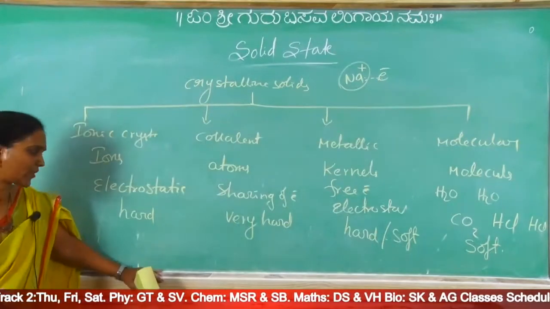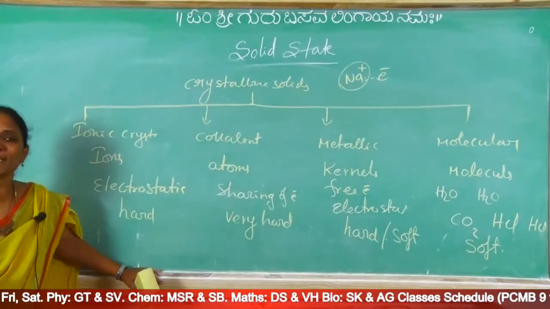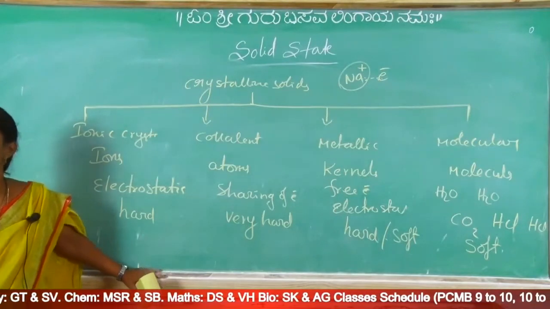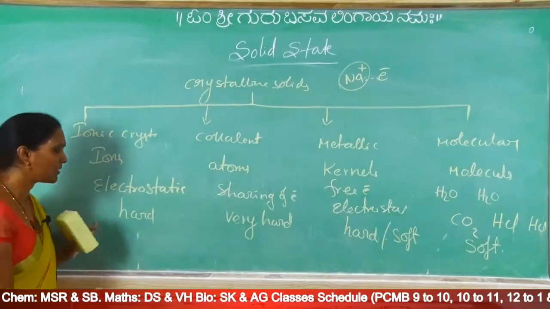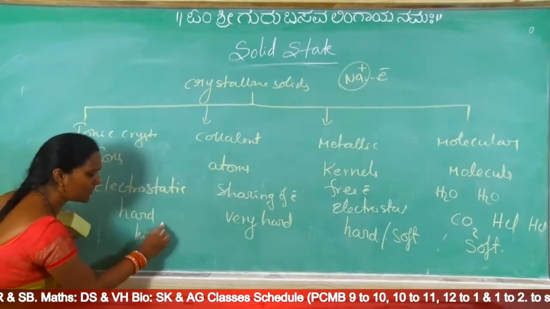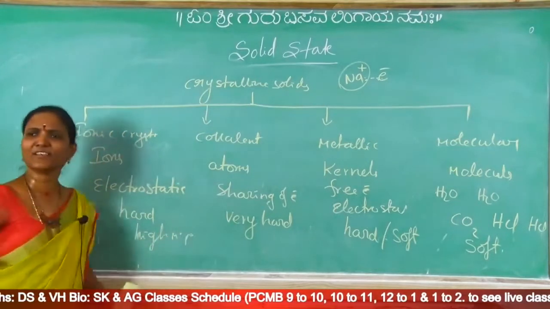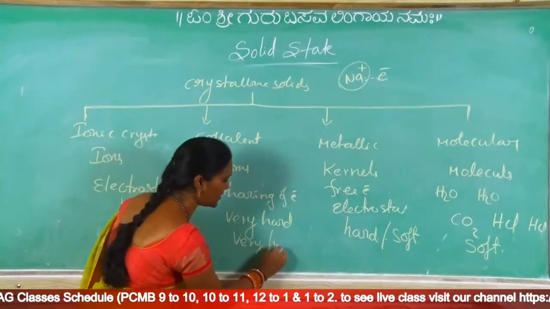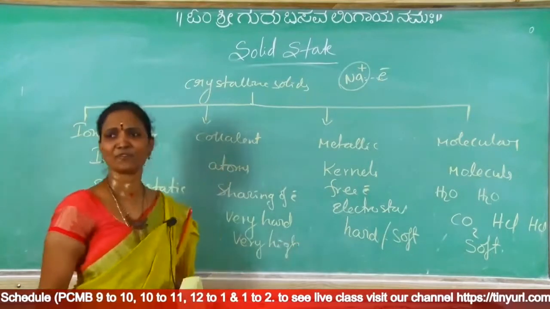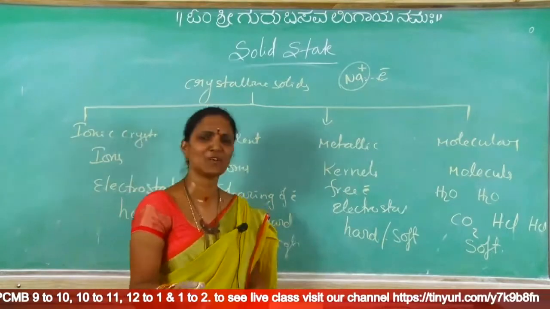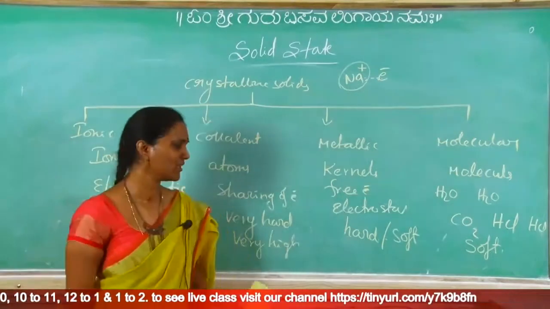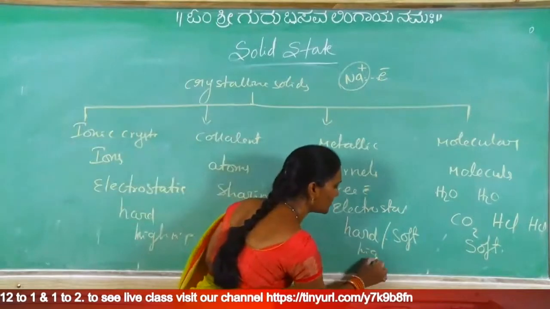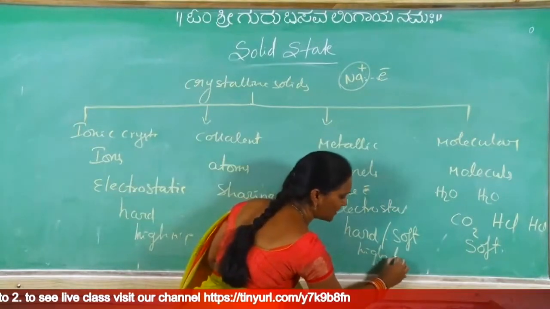Based on this strength, now melting points: which one has a very high melting point, like that question given. Hard means they definitely have a high melting point; very hard means very high melting point. Generally we take most metallic solids, D and F block, as hard, meaning high melting point.